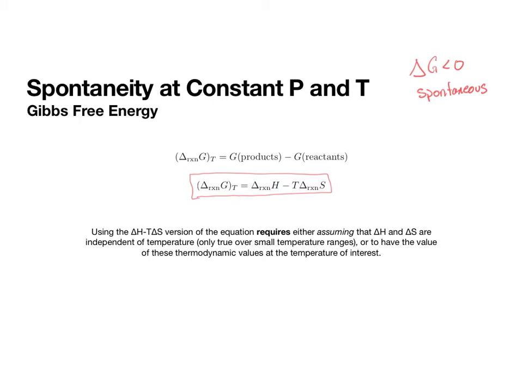So yes, this equation is very good for figuring out spontaneity at different temperatures and the temperature dependence of these properties. But we have to make the assumption that delta H doesn't change with temperature, and that's not always the best assumption.